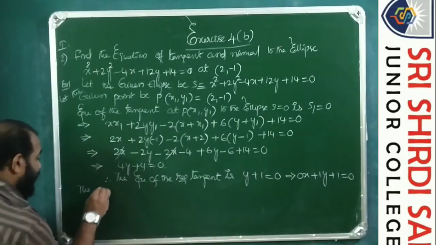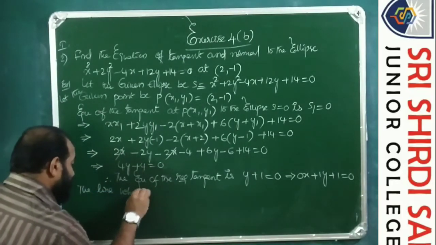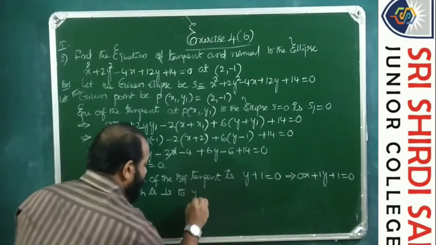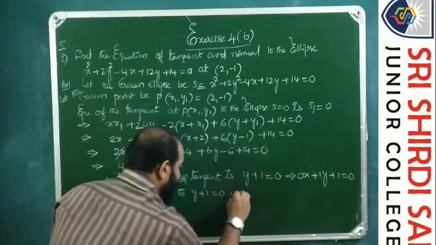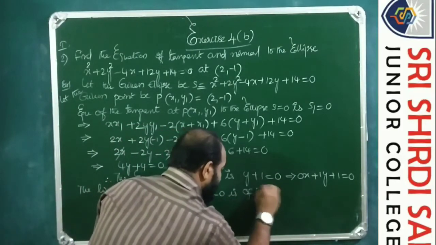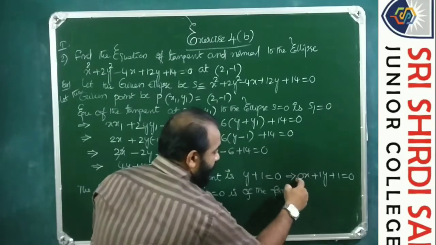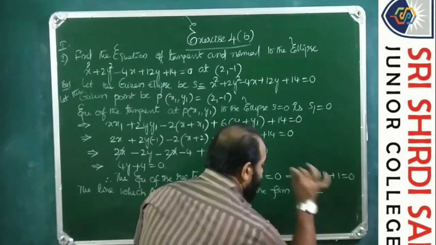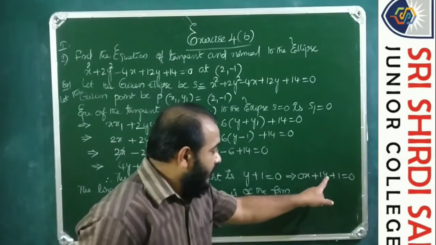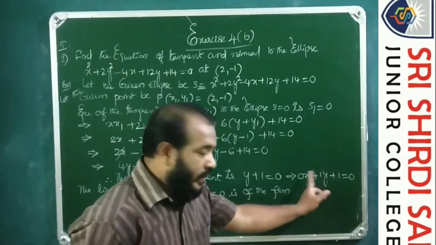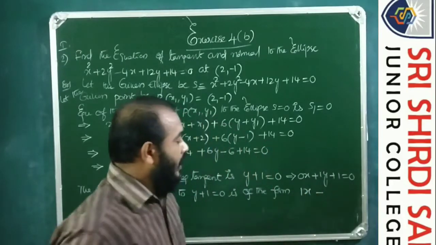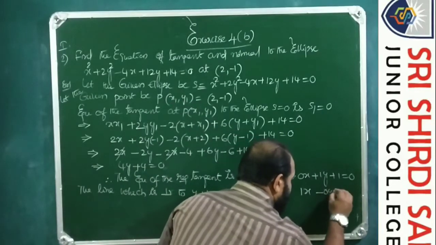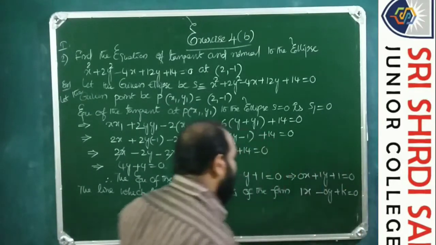The line perpendicular to y plus 1 equals 0 is of the form: the plus sign in between is replaced with minus, the y coefficient 1 is shifted to x, and the x coefficient 0 is shifted to y, 0y plus k equals 0.